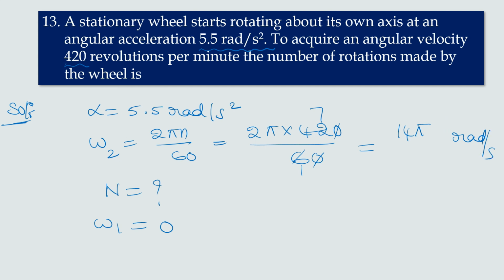Now we have to calculate the number of rotations made by the wheel. So omega 2 square minus omega 1 square is equal to 2 alpha theta, where omega 2 is given as 14 pi. Omega 2 square is equal to 2 alpha into 2 pi n.